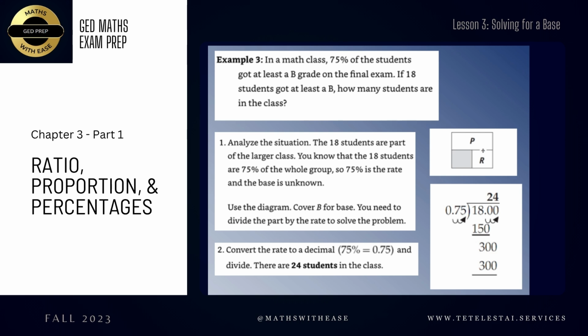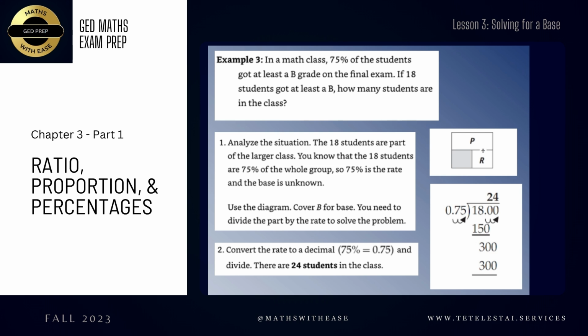And then you would continue with your long division. So 75 does not go into 1. So there's nothing there. 75 doesn't go into 18. There's nothing there. But 75 does go into 180 twice. Okay. 75 times 2 is 150. You're going to draw your line. 75 goes into 300 4 times. 75 times 4 is 300.